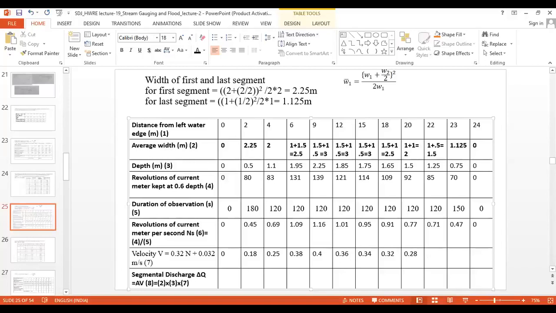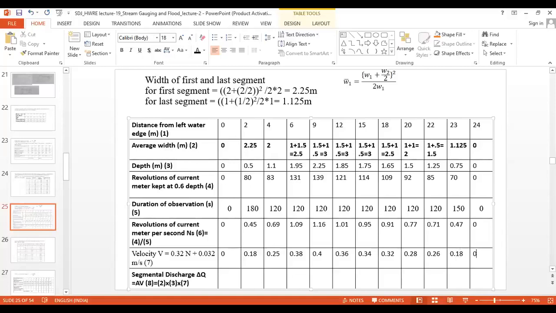Then 0.32 into 0.71 plus 0.032 is 0.26, 0.259 is there, so 0.26 we will consider. Then 0.32 into 0.47 plus 0.032, that is 0.18, and lastly it will be 0.